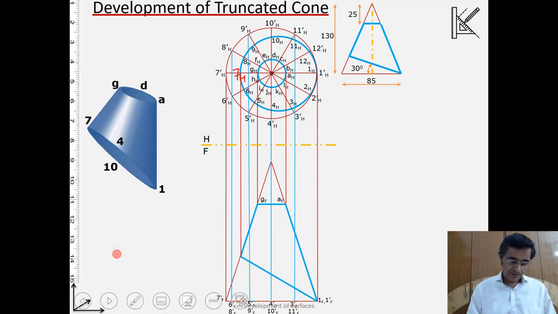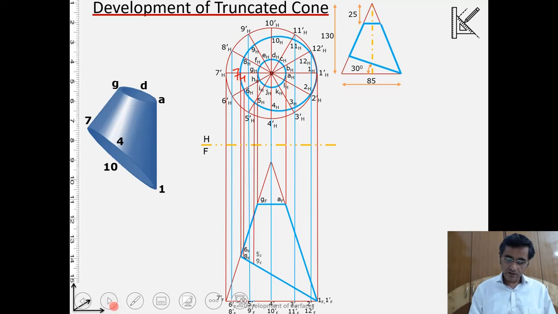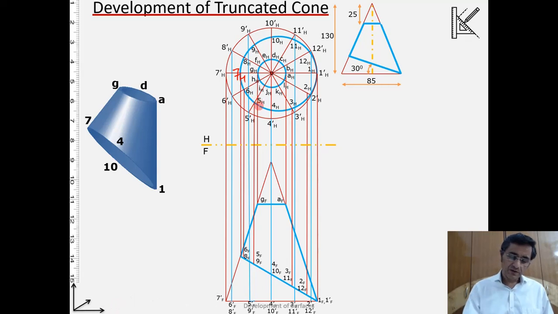Alright, similarly now for the bottom truncated one, if I transfer them one by one, okay, look at the name of any one of these. For example, here, over here this point is 5, and the corresponding point over there will be 9. If I go further up, it will be 9.